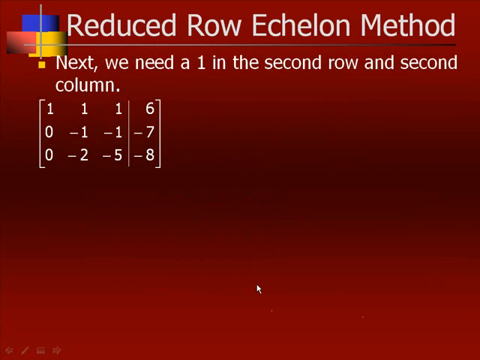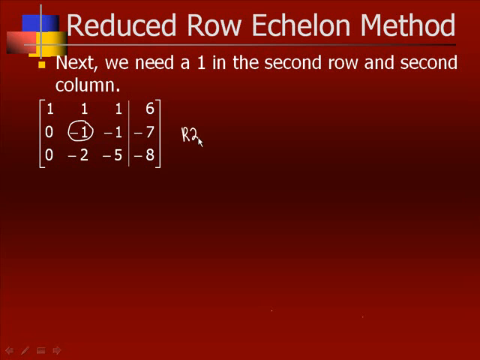Next we need a 1 in the second row and second column. So we need a 1 right here. Remember property number 2 that says we can multiply a whole row by some number? We're going to multiply that whole row by negative 1, or you might think divide the whole row by negative 1.